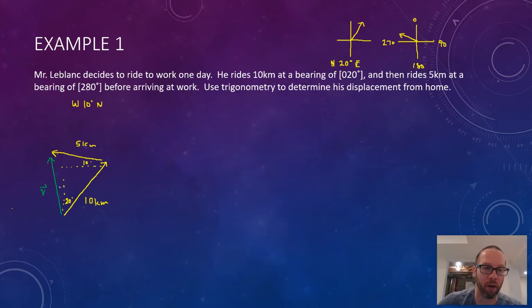So what we're going to do is find this entire angle in this triangle. If it's more than 20, we'll know he's going to the west. If it's less than 20, we'll know he's going to the east. Our problem is set up for us to use trigonometry. We have 2 sides in that triangle, but you will notice we actually don't have an angle in that triangle yet.